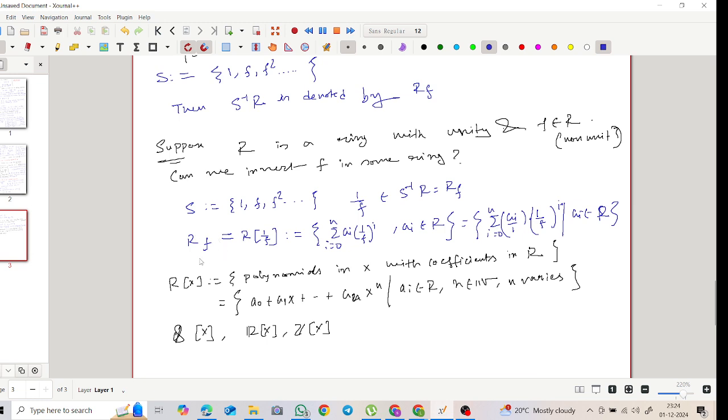So are you convinced that this is true? Are you convinced about this equality?